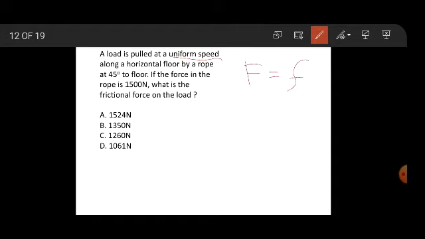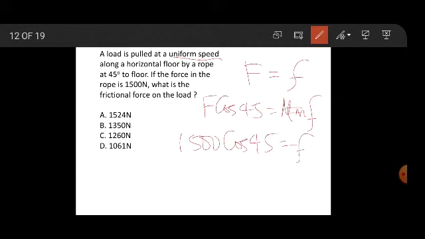Now, in this case, my applied force is F cos 45 because the force is acting at an angle, which I believe you can watch my video on resolution of forces. So F cos 45 equal to mu mg. We are asked to find the frictional force, so no need, so just F. Now what is F here? 1500 cos 45 is equal to my frictional force.